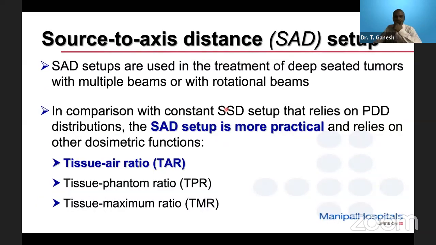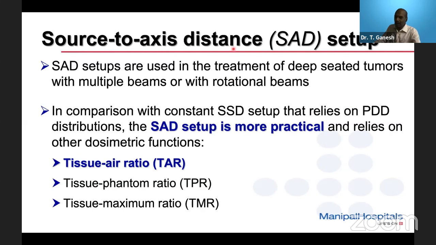So that is all about the PDD. Now we move on to source to axis distance setup. SAD setups are often used in the treatment of deep-seated tumors with multiple beams or with rotational beams. In comparison with the constant SSD setup that relies on PDD distributions, because when you are setting up the patient by SSD technique, you have to use the PDD.